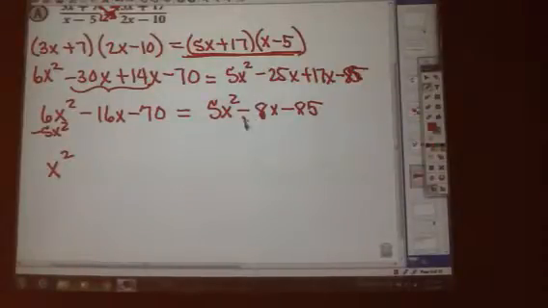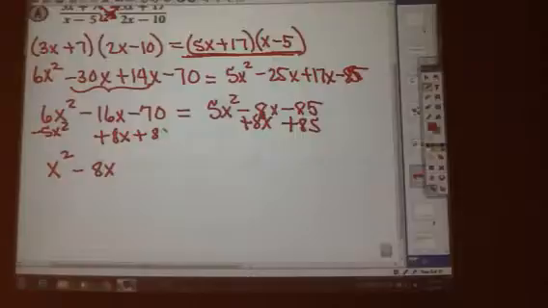Then I'm going to add 8x to both sides, so that would be negative 8x. And then I'm going to add 85 to both sides, which would be plus 15? Yes. Equals 0. That will leave me 0 on that side.